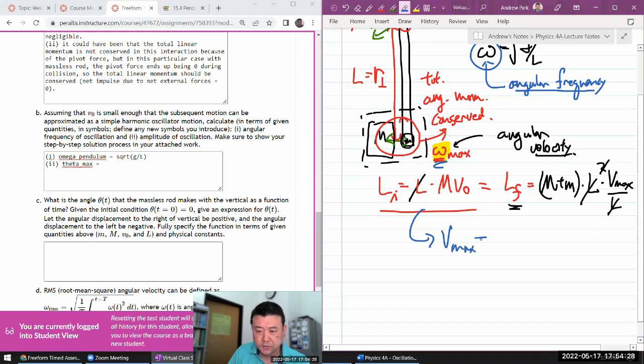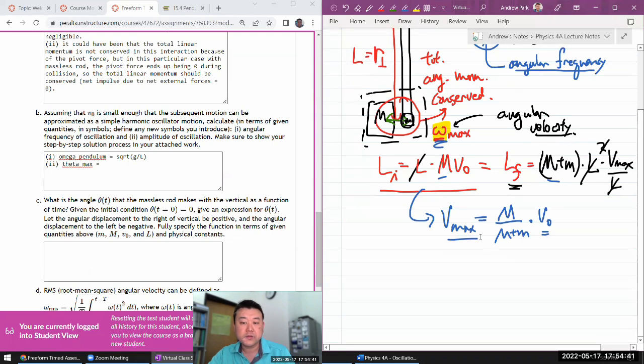V max is equal to the ratio of the masses times the initial incoming speed of the mass.